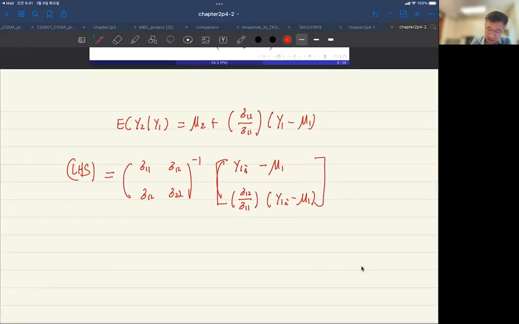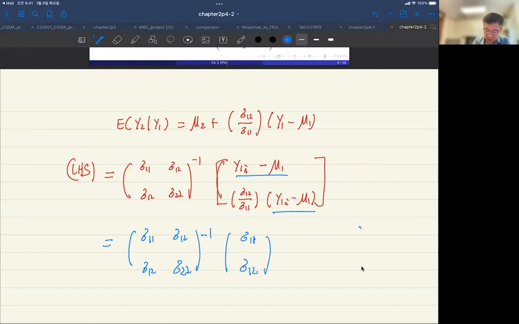But here, you can notice that you have the common factor, so it's the same thing. Actually you can write it as sigma 12 over sigma 11 times Y1i minus mu1.